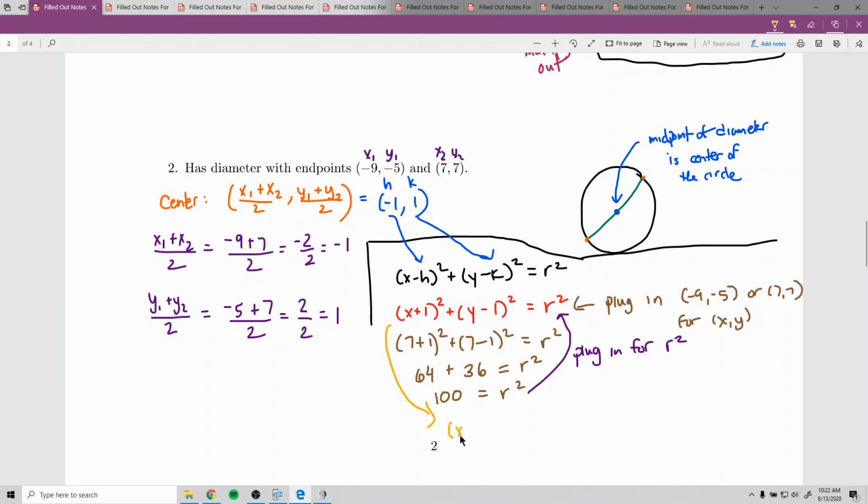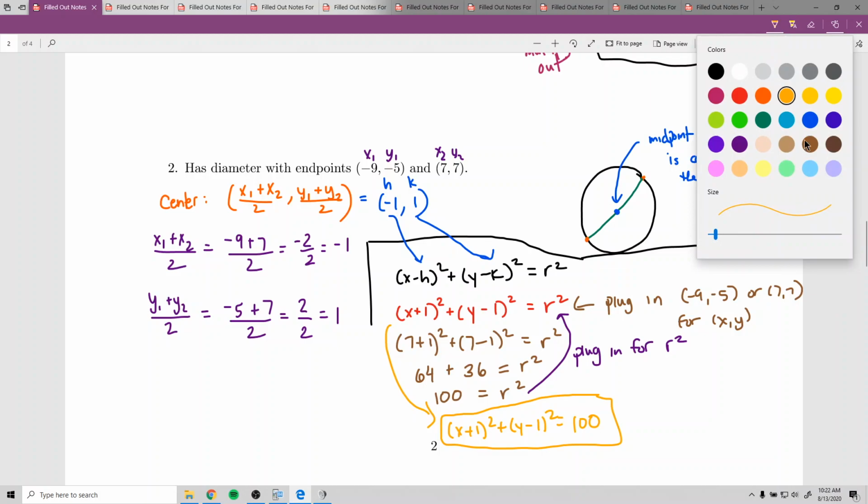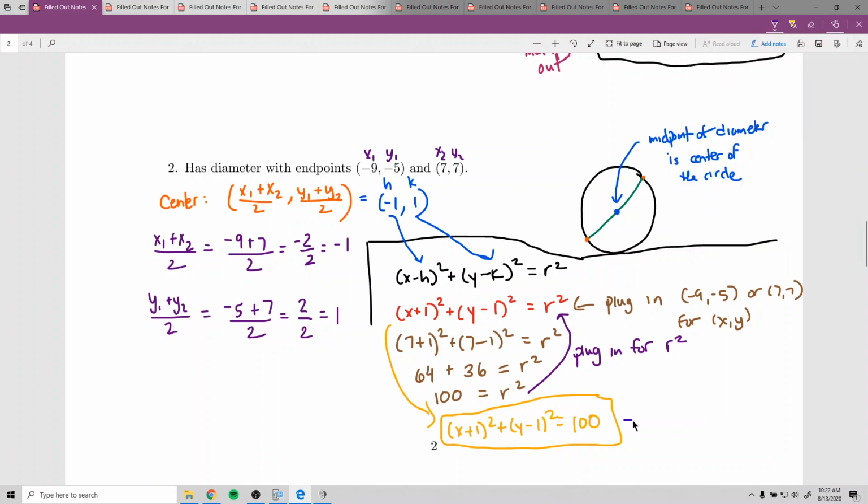We got x plus 1 squared plus y minus 1 squared equals r squared. We figured out r squared should be 100. Right, so you can see what r squared is from the equation we made. r equals 10 because it's the square root of 100, but it's not needed.